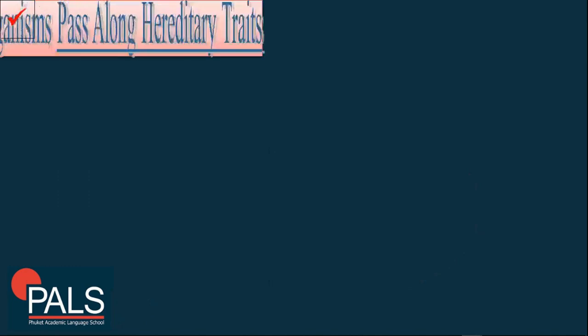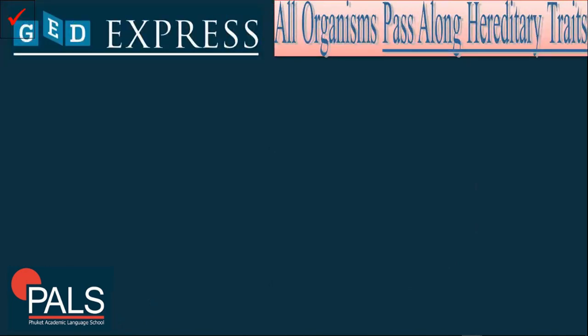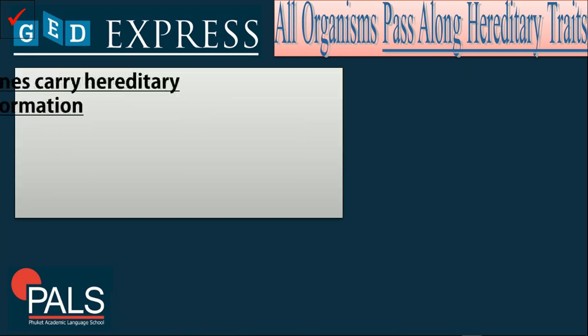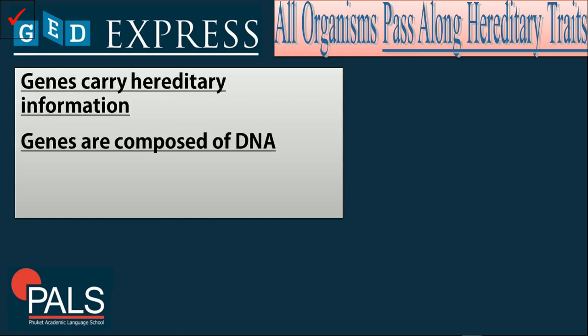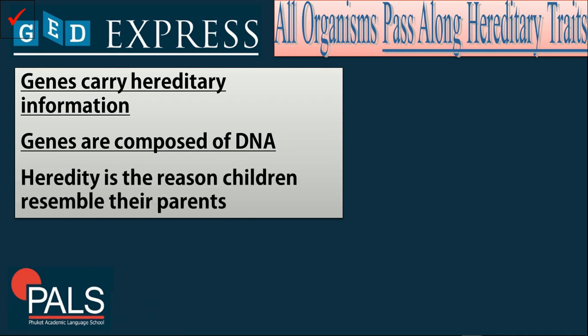Next we have another characteristic. All organisms pass along hereditary traits. That means the traits of the parents are passed from one generation to the next, and that is because of the hereditary material, the genes, which have deoxyribonucleic acid, or DNA, the genetic material necessary for the passing of traits from one generation to another.